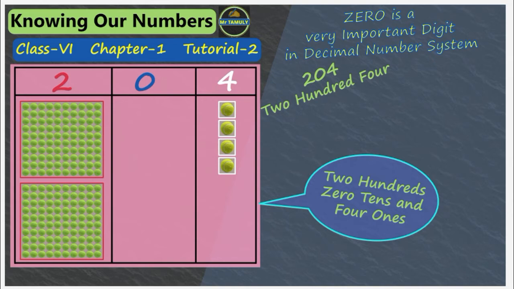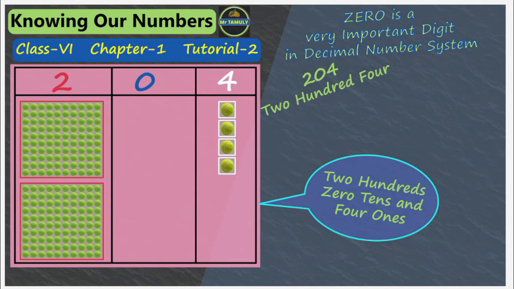But that's absolutely harmless, because if you tell me that I have got 204 tennis balls, or if you write it in words like this, I can immediately understand that you have two sets of 100 balls plus these 4 balls. But if you write it in numerals or figures, you cannot omit the 0.